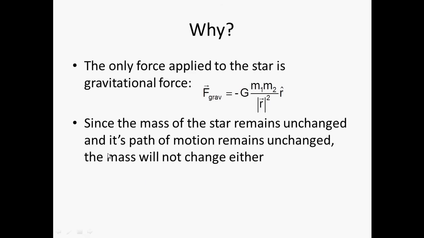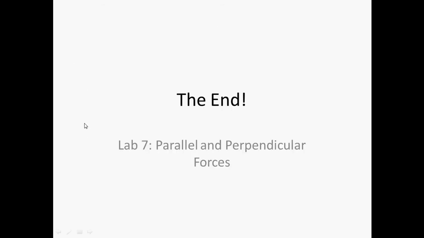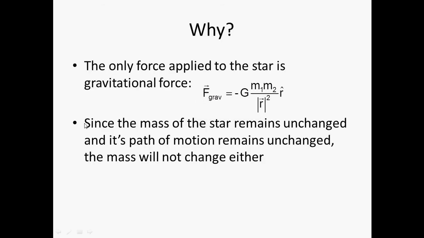Well, based on this equation here, that the force of gravity equals the negative gravity constant times mass 1 times mass 2 over the magnitude of r squared times the unit vector of r, we know that the mass of the star remains unchanged and the path of motion remains unchanged. Therefore, because neither of those values differ, the mass of the black hole will not change either.